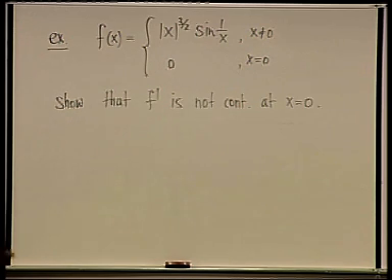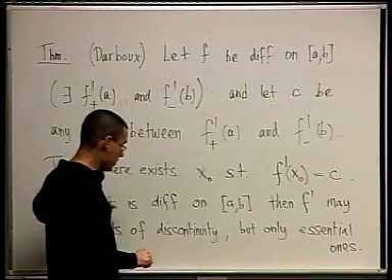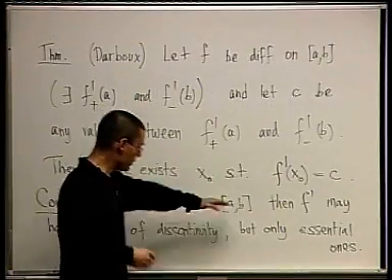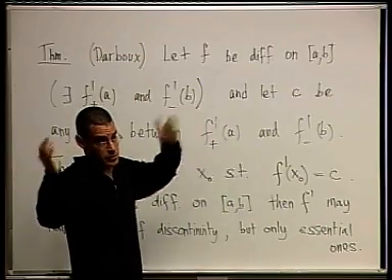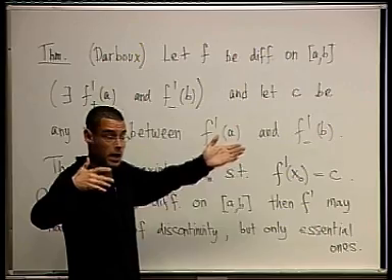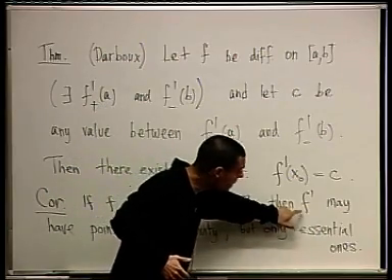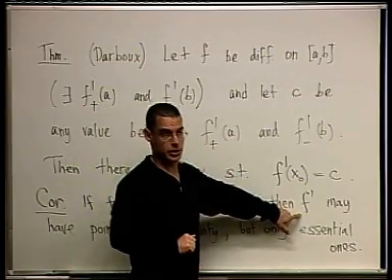Okay. Questions on all of this before we move to l'Hôpital? Yes? I didn't understand the last part. The statement is, take a function. Assume it's differentiable on the interval. We know that it's continuous, right? Because differentiability implies continuity. But this discusses the continuity of the derivative, not of the function.